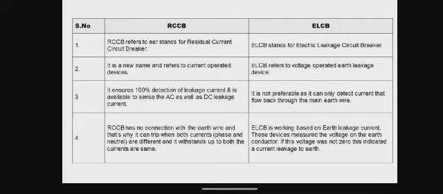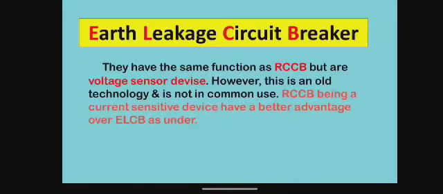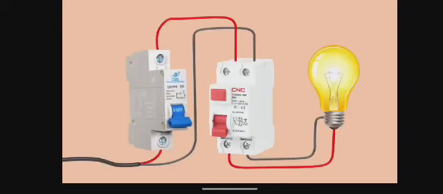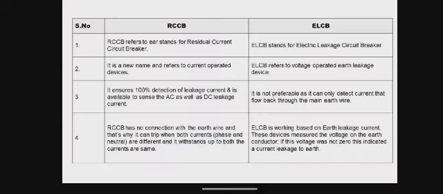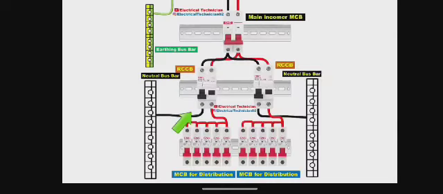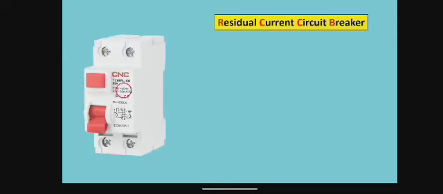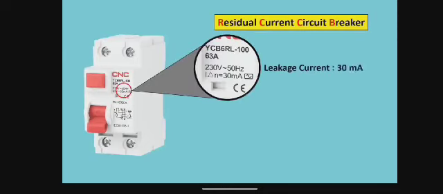For now, just understand that both RCCB and ELCB are types of devices which provide protection from electric shocks and earth fault. If you go to the market to buy an ELCB, it may be possible that you can't find it. For now, you can only find RCCB in the market, which is more sensible than ELCB. Before moving forward, I want to tell you one more thing: when you install an RCCB, the leakage current of the RCCB must be 30 mA.